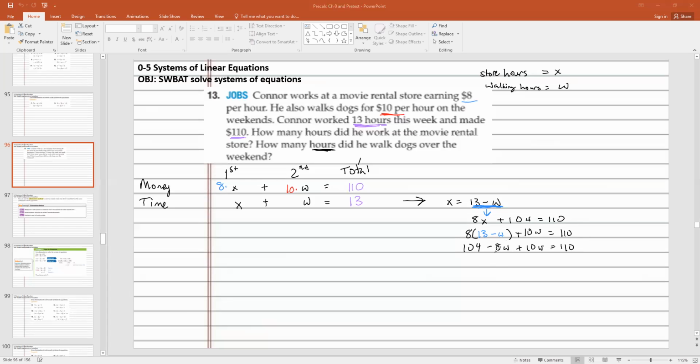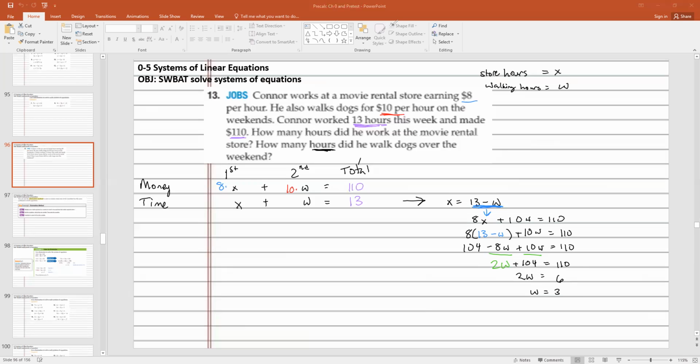And then combine like terms, so negative 8w plus 10w is going to give us 2w, plus that 104 equals 110. And then subtract 104 from both sides. Subtract 104, and we'll get 2w equals 110 minus 104, which is 6. Divide by 2, we get w equals 3.